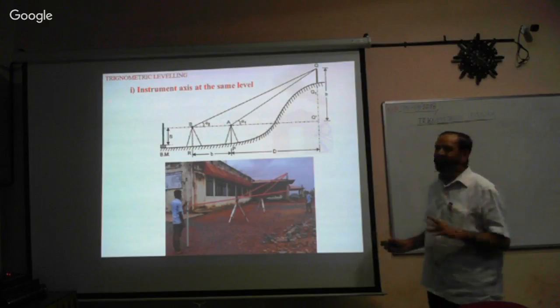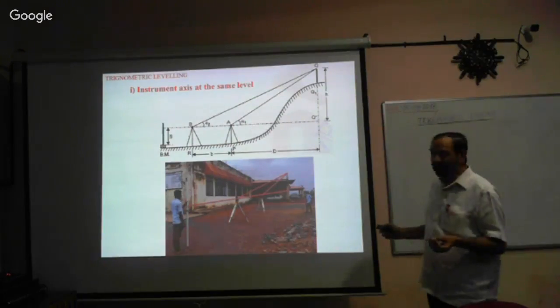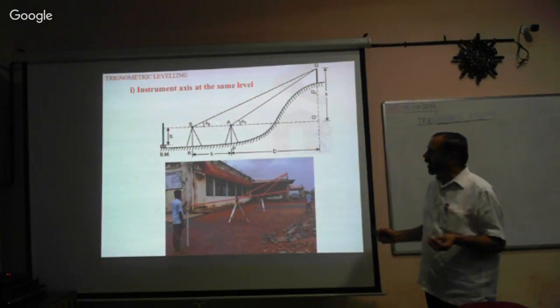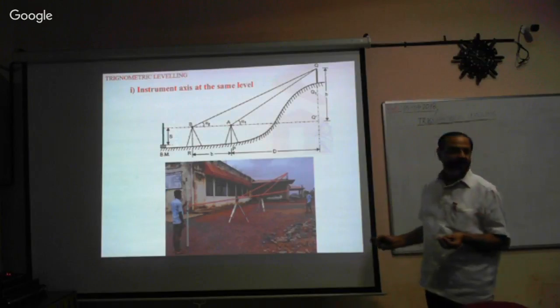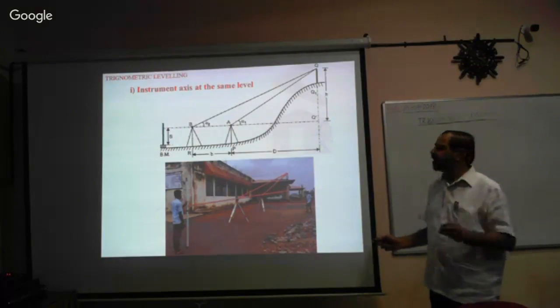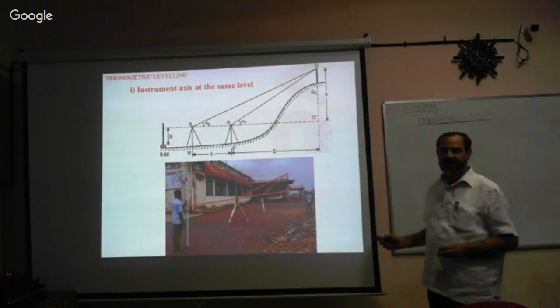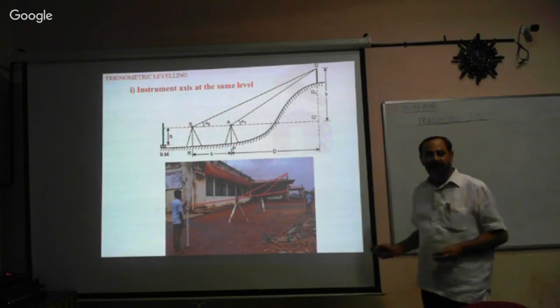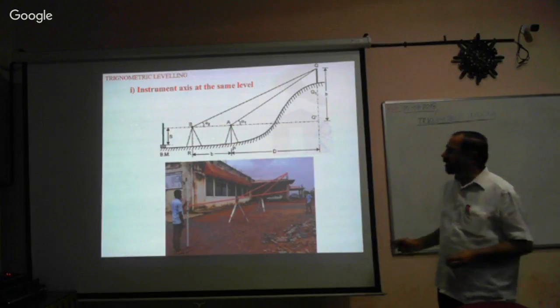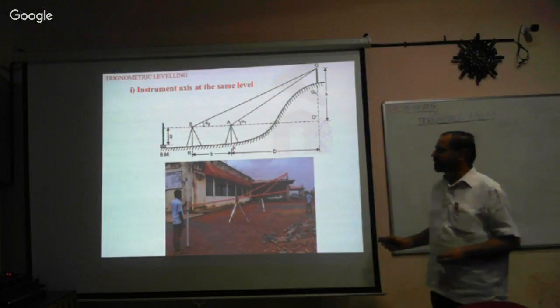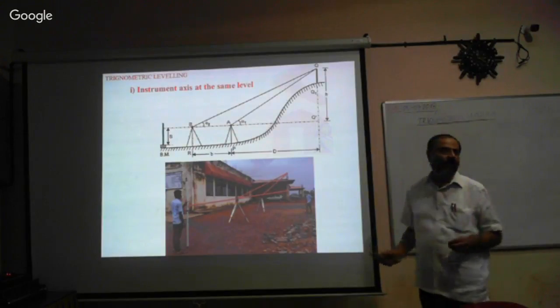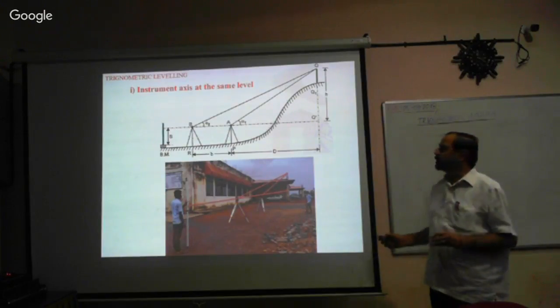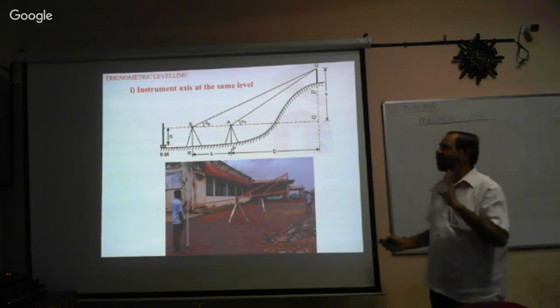And we have 5 data now: alpha 1, alpha 2, the staff reading from the first instrument station, the staff reading from the second instrument station, and also the distance between the two instrument stations, A and B. Now please remember, the real problem starts now.